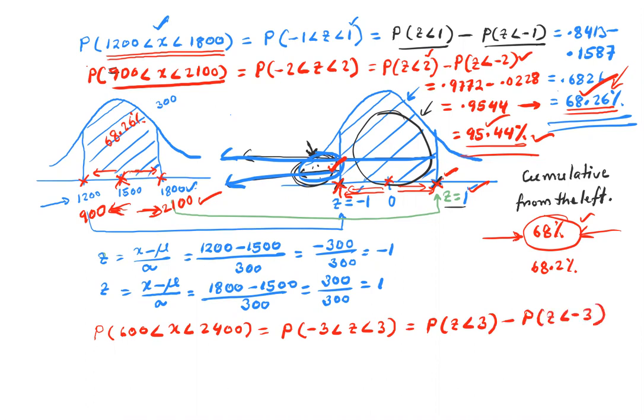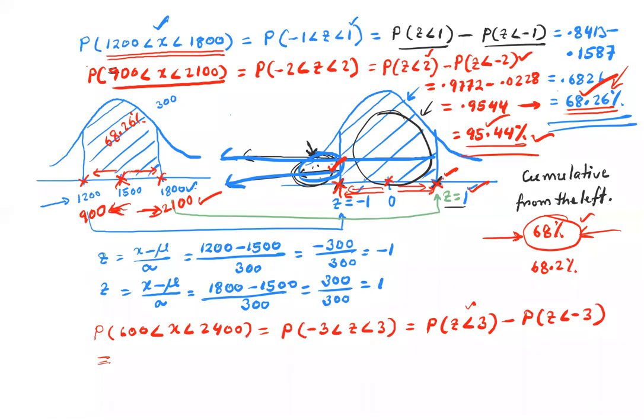Now somebody tell me what is the value for z is equal to 3. What is the value that you get from the standard normal distribution table? It should be 0.9 something.